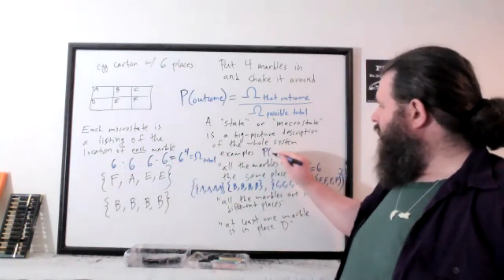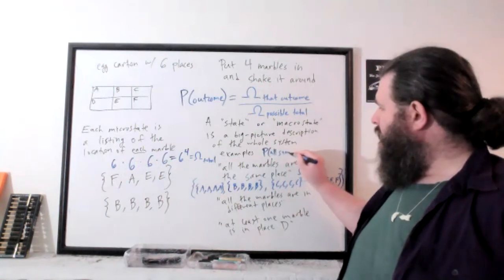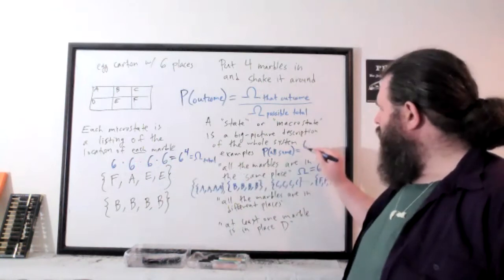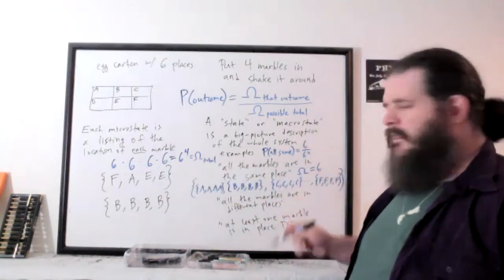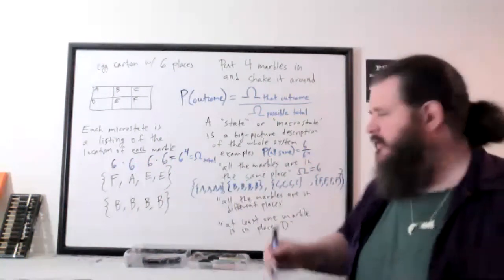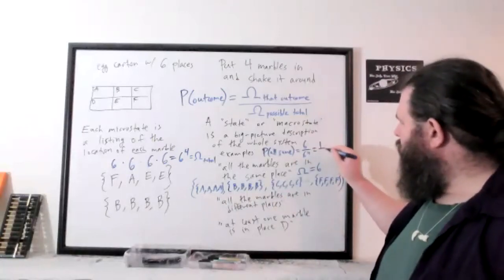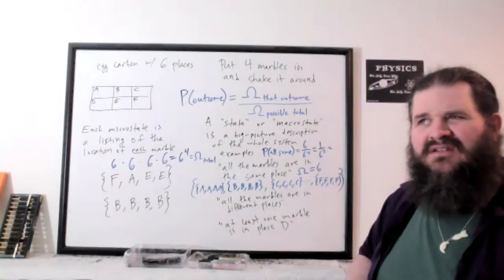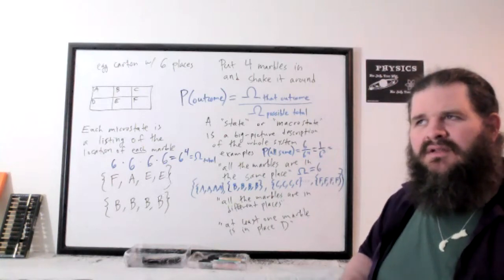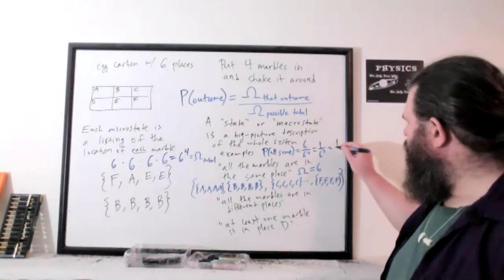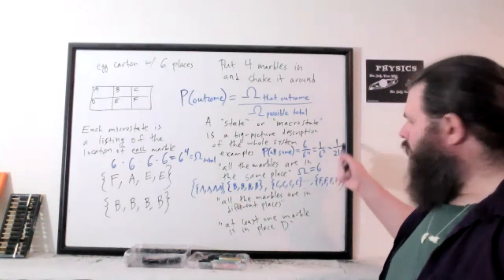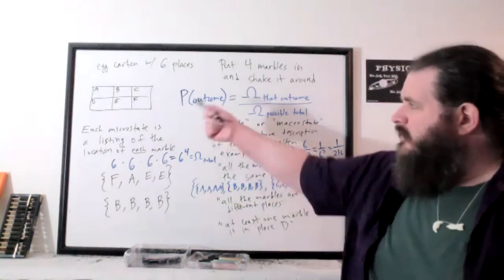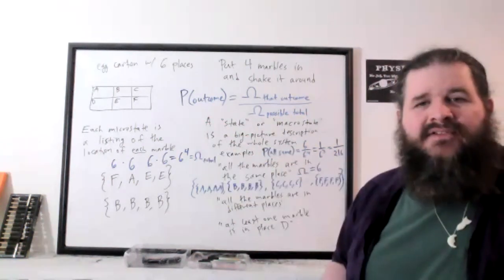So the probability of all in the same place would be 6 out of 6 to the 4, which reduces to just 1 over 6 to the 3rd, which is, I think, 216. Yeah. 1 out of 216 is a pretty low probability. So assuming that they all end up in the same place, very unlikely.